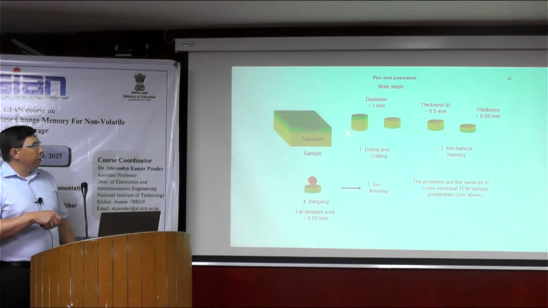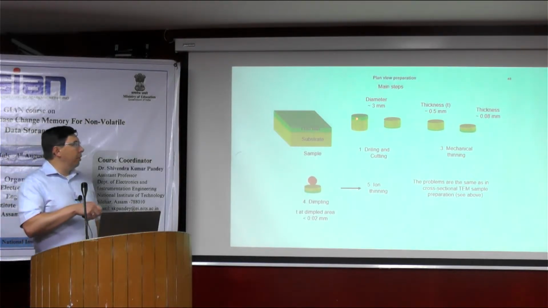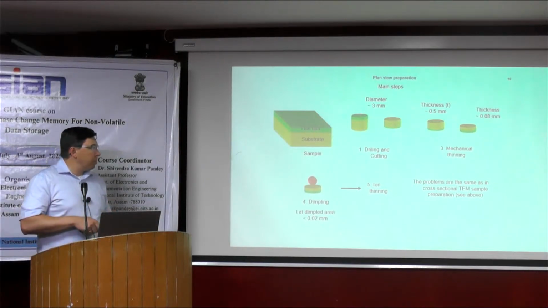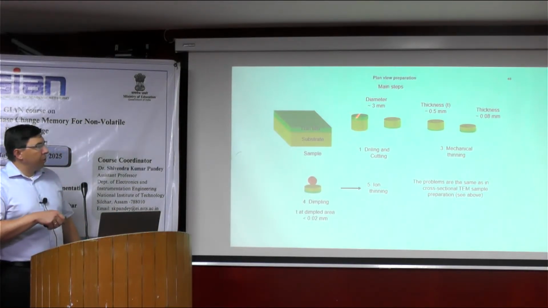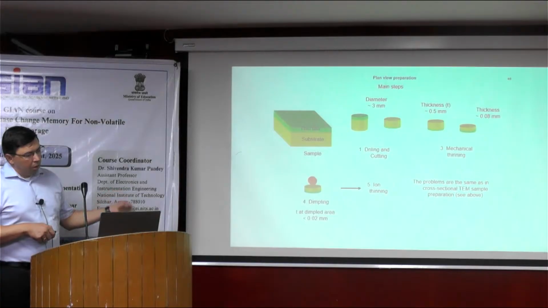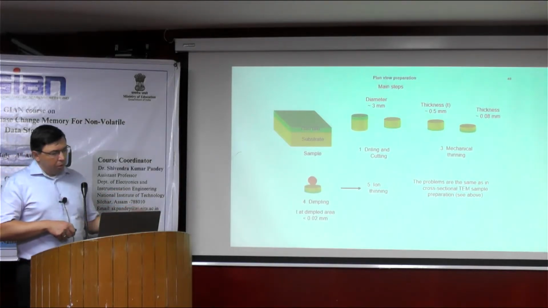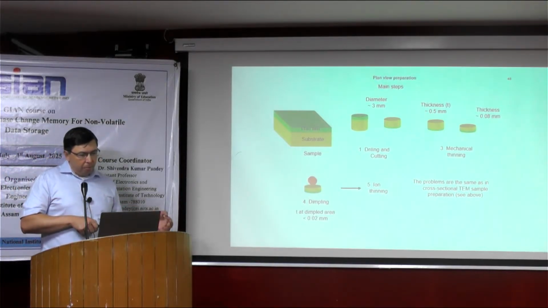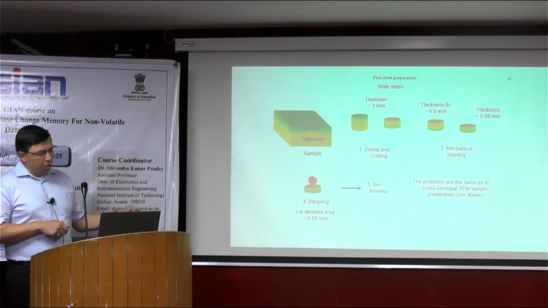Here, this is like a block. Here is your thin film and your substrate. This has a diameter of 3 millimeter because it's given by the size of the specimen holder where your specimen will be inserted.